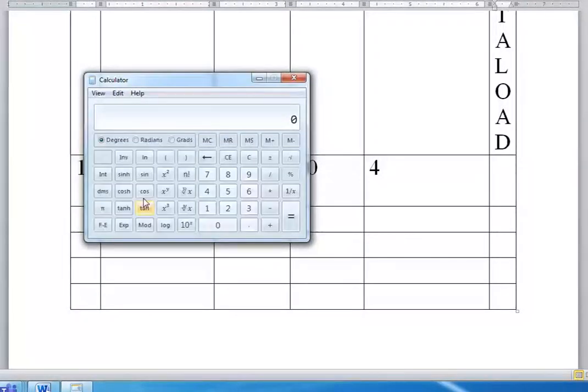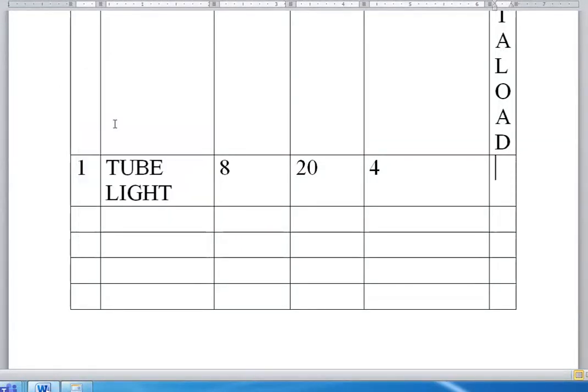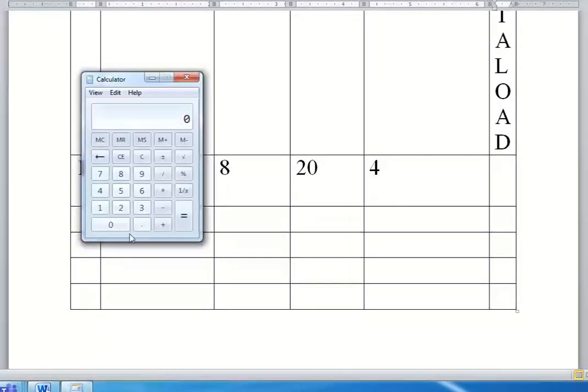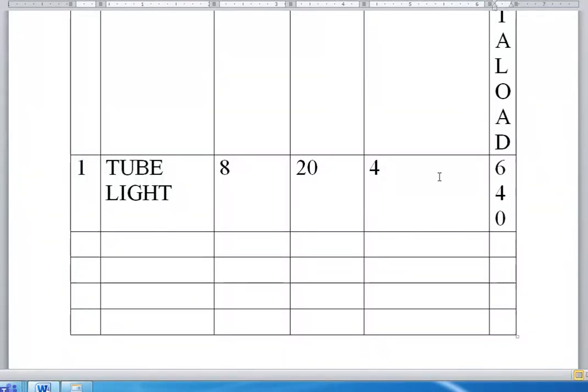So we will have 8 items. So I'll put this aside. Yeah, so 8 into 20 into 4 hours. So this will become 640. So 640. Now what is this 640?